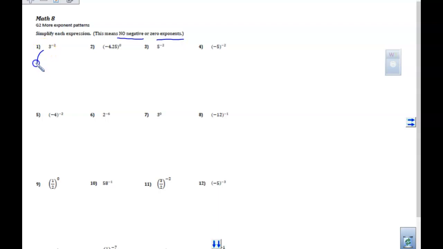How am I going to rewrite that? 1 over 3 to the positive 2, right? So Jared, the 1 squared over 3 squared, my answer would be 1/9. Because you might have a little work, circle your answers as you're doing these.